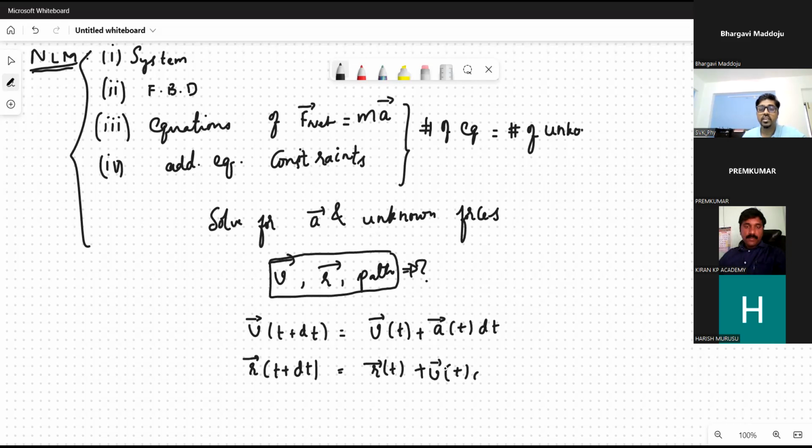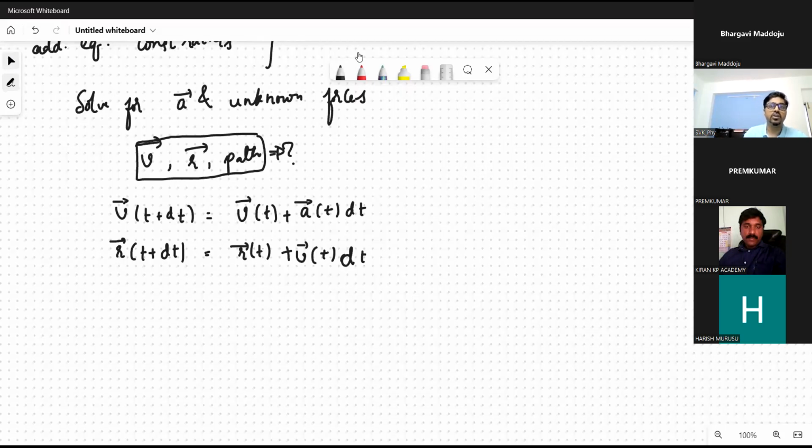So this is where you get calculus, and then you have to do integrations and so on. You can keep repeating it. Now that you have velocity at t plus dt, you can find velocity at t plus 2 dt, at t plus 3 dt, and so on. This goes like a sequence, a series.